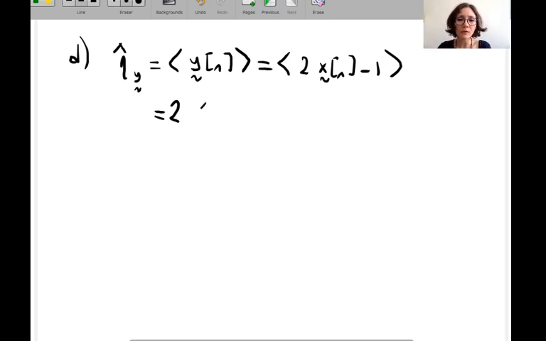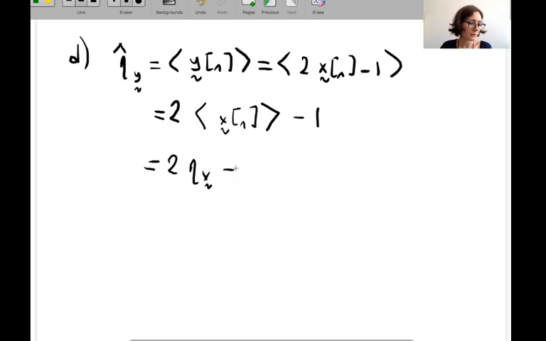So then 2 goes outside, so you have the time average of x of n. Similarly, due to the linearity of the sum, you could separate this term and the second term. You can separate out additive terms. So 2 times the time average of x, and then the time average of a constant is itself. And so since we know now that x of n is ergodic, the time average of x of n is equal to the expected value. So this is equal to 2 eta x minus 1. And here we use the property that x of n is mean ergodic.